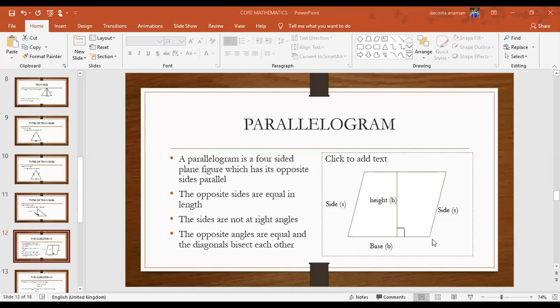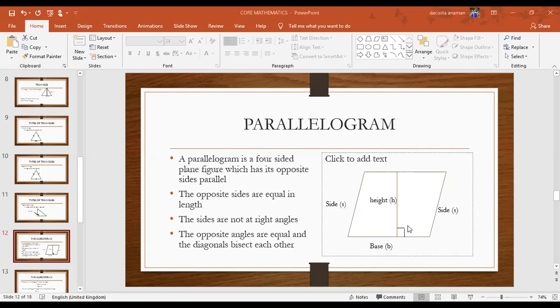That means that if you drop them to infinity, they will never meet. They always move in one direction, so they never meet. Then the bases, as you can see, are also parallel, which means that if you draw them to infinity, they will also never meet. So that's what we mean by it has its opposite sides being parallel.